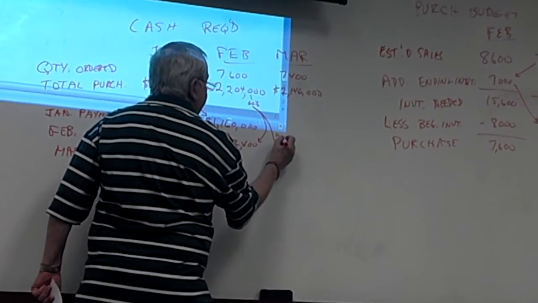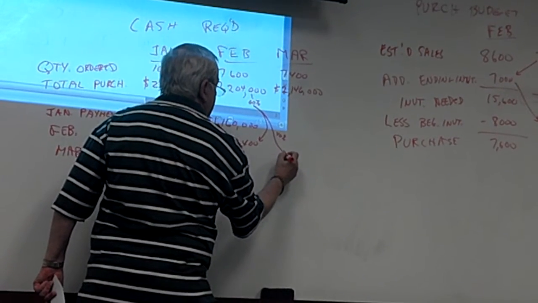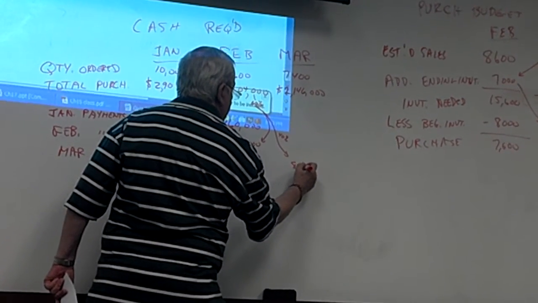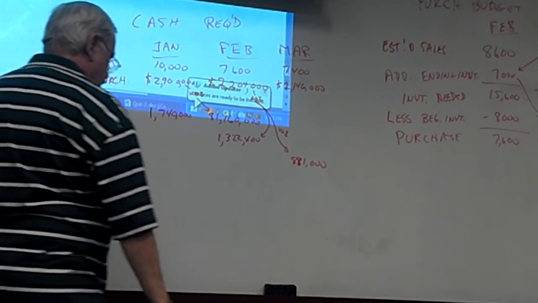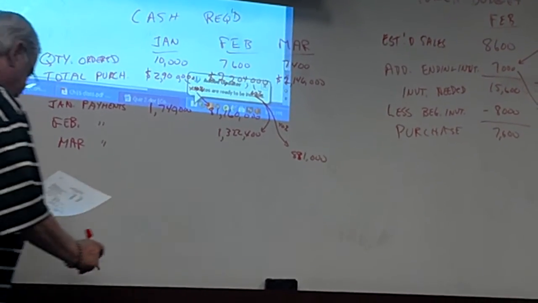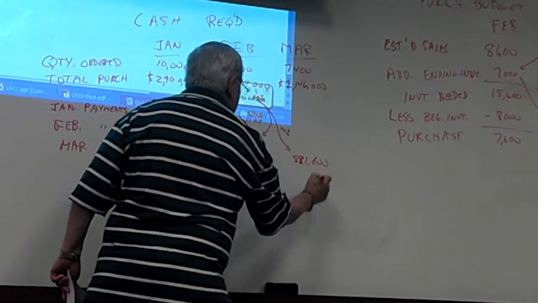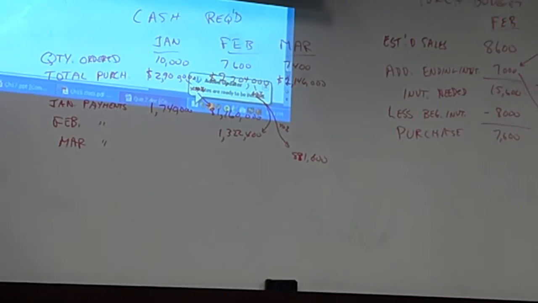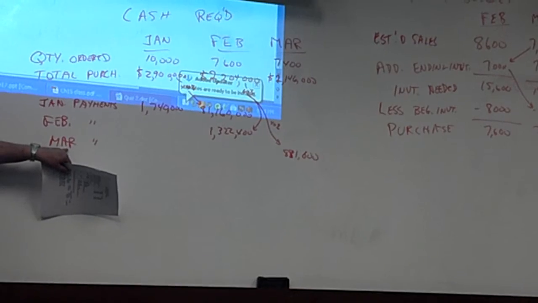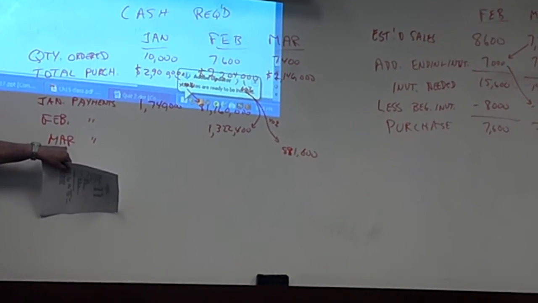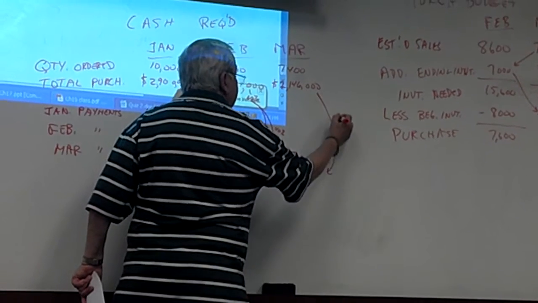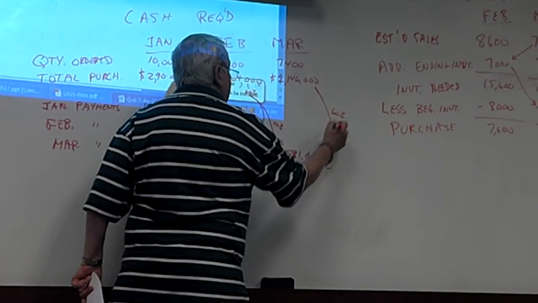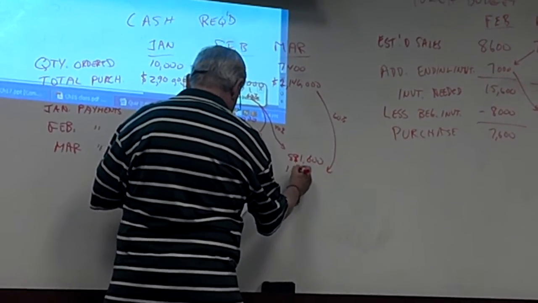That's 40%. 881,600. Okay. And then the March orders, 60%. 1,737,000.